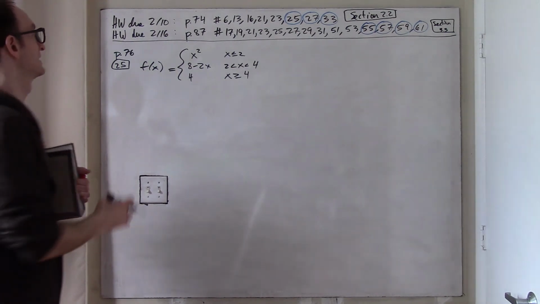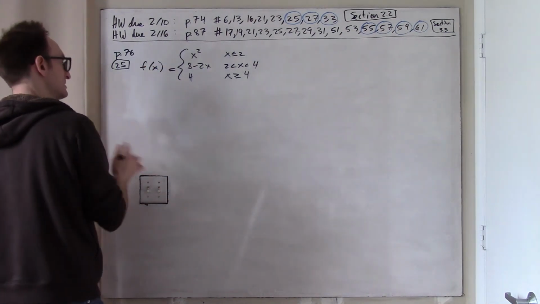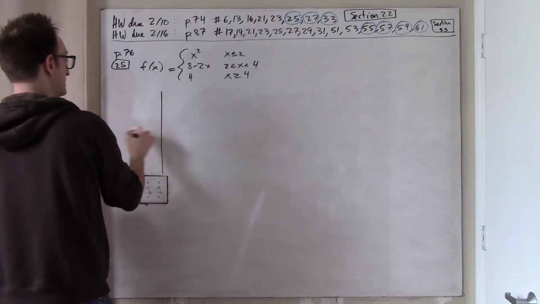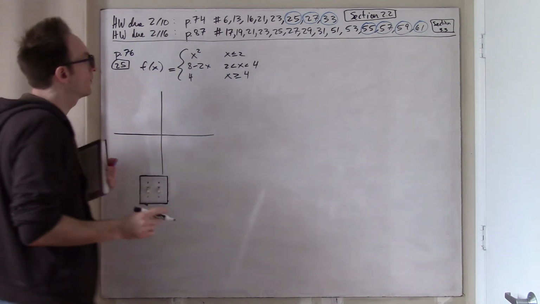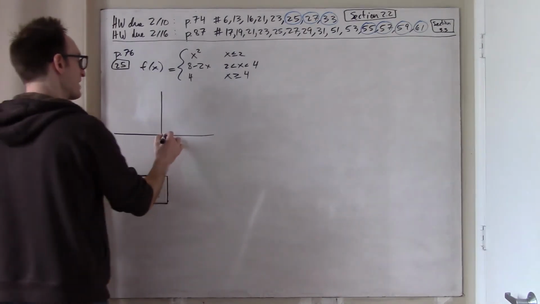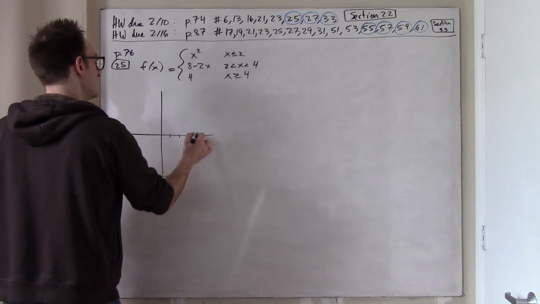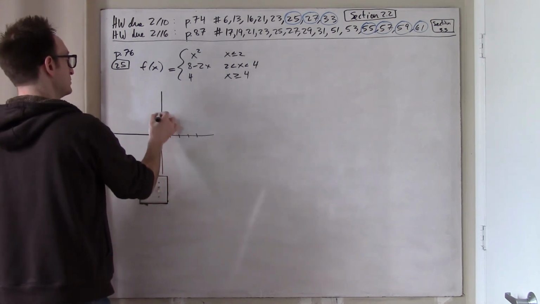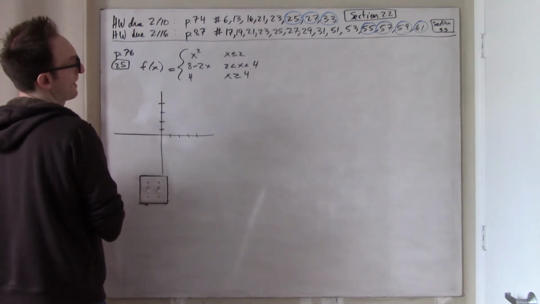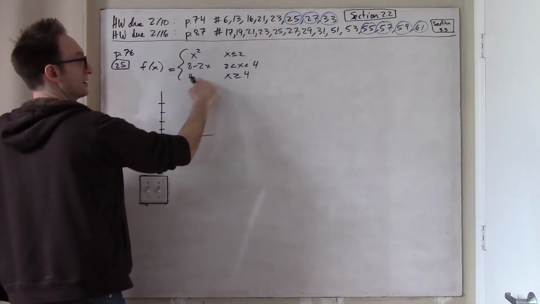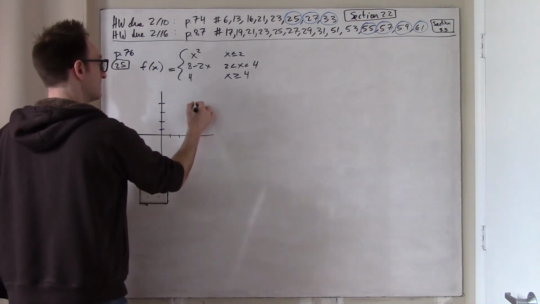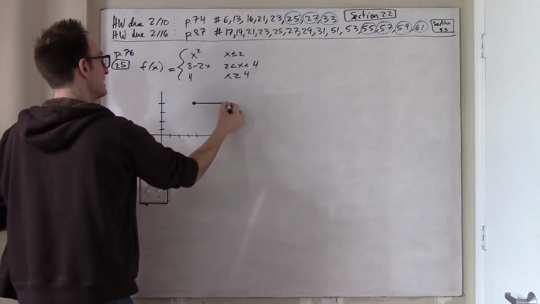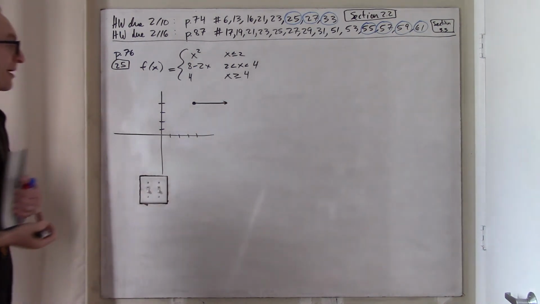Let's make a picture and then just look at it. So what does the picture look like here? Well, first of all, 1, 2, 3, 4 might be a good idea. For any number greater than 4, I just follow the rule 4.